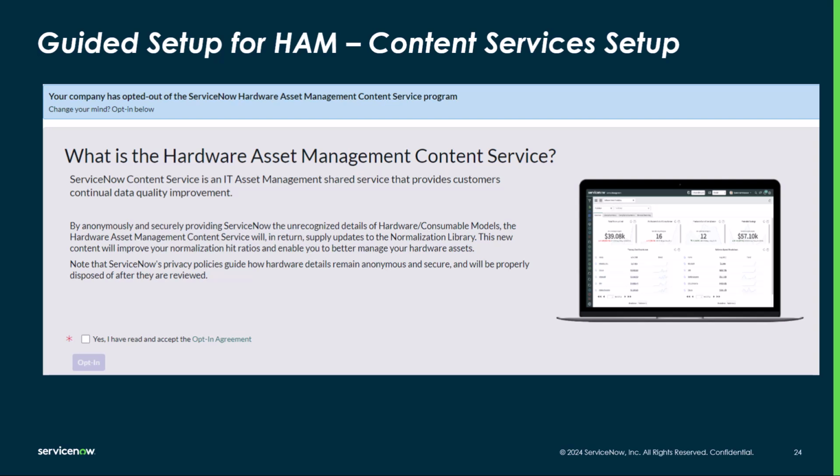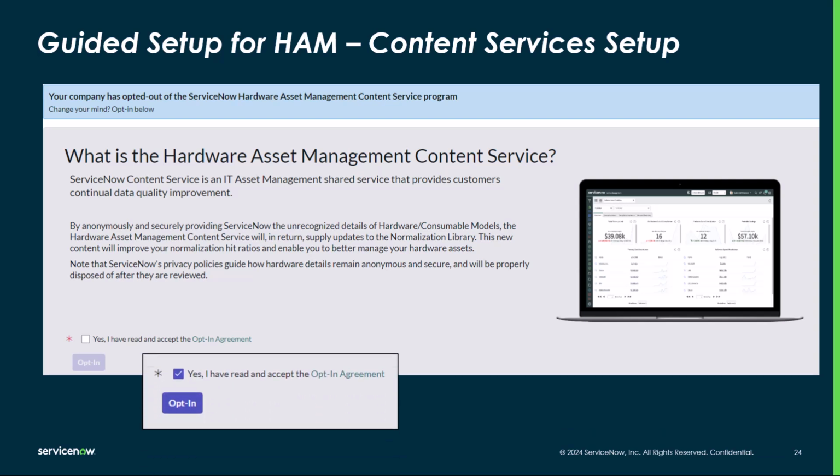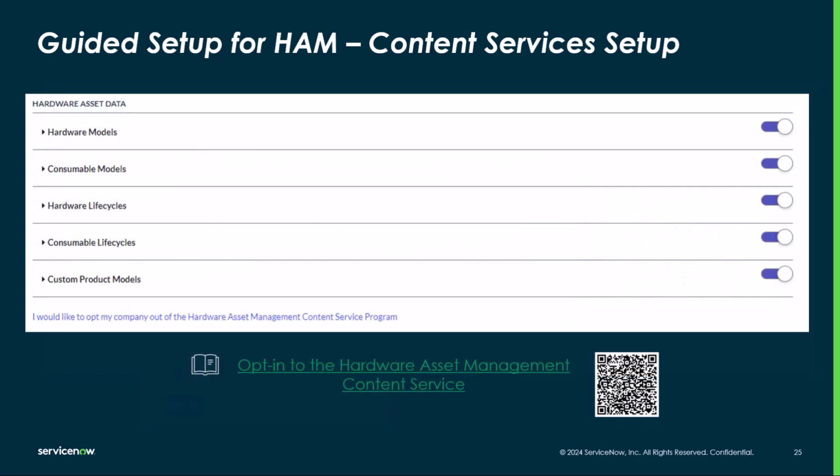Now, don't worry, all the data is anonymized. So when the data is sent up, there is no company specific information about your company sent to our content team, just the discovered information. So to opt in, we're just going to click on the yes, I agree to opt in. And it's going to, by default, enable all these 5 categories.